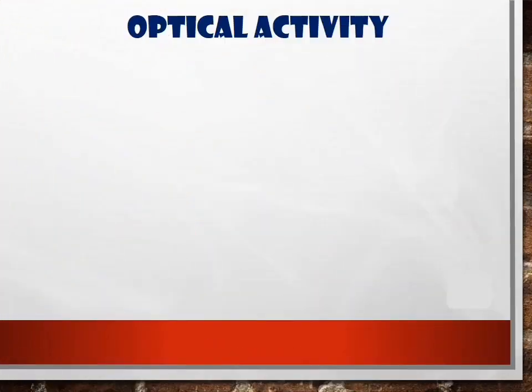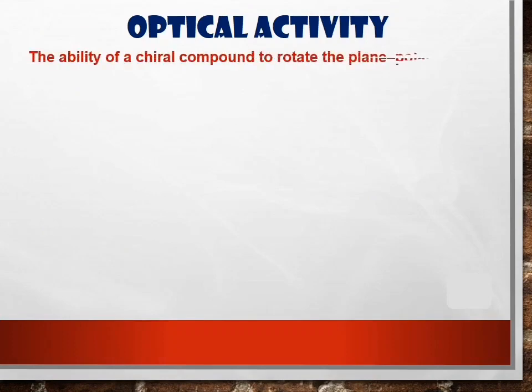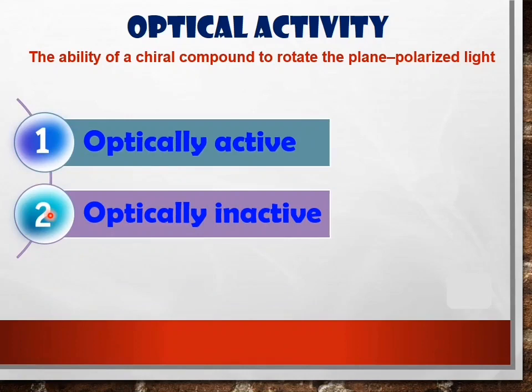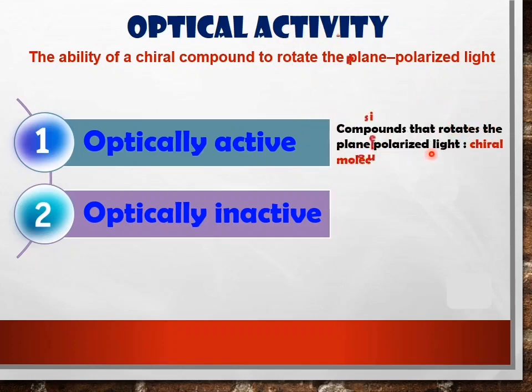Okay, now we look at optical activity. What is optical activity? Optical activity is the ability of a chiral compound to rotate plane polarized light. So we have two types of compounds. First, we have optically active compounds, which refers to compounds that rotate plane polarized light, meaning that the compound should consist of a chiral carbon.